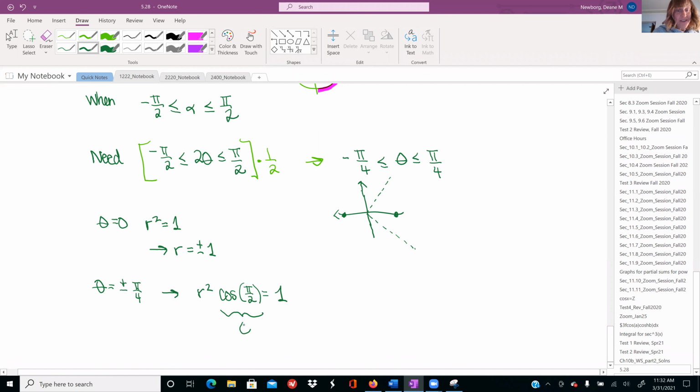But cosine of that is 0. You'll never get anything for r to make it equal 1, right? This has no solution. There's nothing you can multiply 0 by to get 1 as the answer.